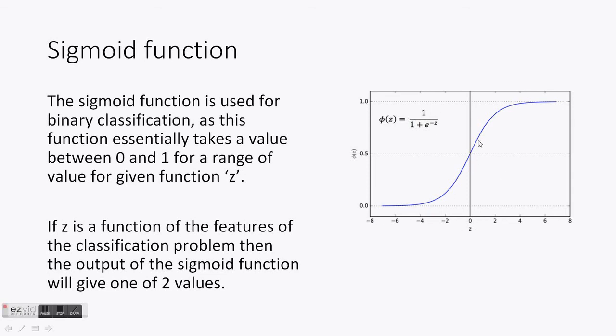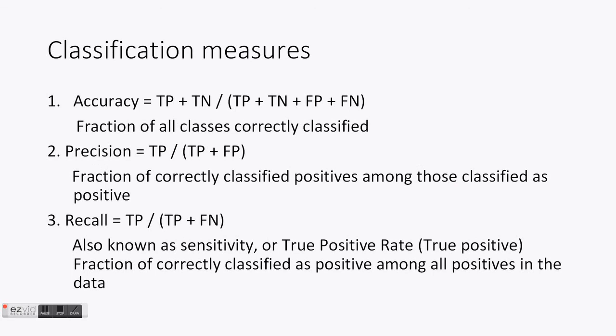Even though this value is not exactly 1 here, what is assumed is that when this function takes a value greater than 0.5, it is considered as 1, and anything less than 0.5 is considered as 0. So we can use the sigmoid function to model any problem where we have one of two classes.